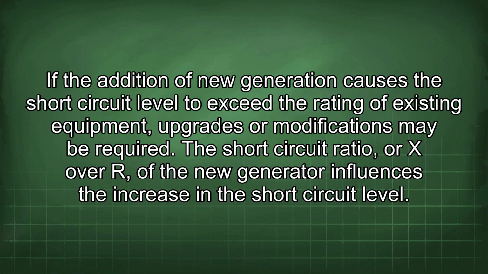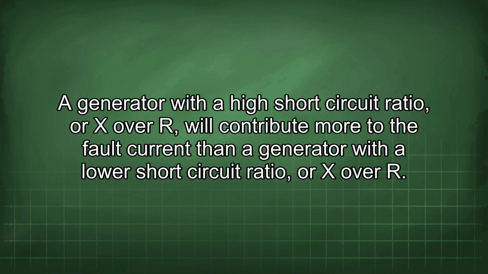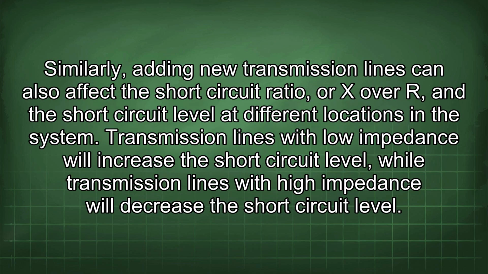The short circuit ratio, or X over R, of the new generator influences the increase in the short circuit level. A generator with a high short circuit ratio, or X over R, will contribute more to the fault current than a generator with a lower short circuit ratio, or X over R. Similarly, adding new transmission lines can also affect the short circuit ratio, or X over R, and the short circuit level at different locations in the system.